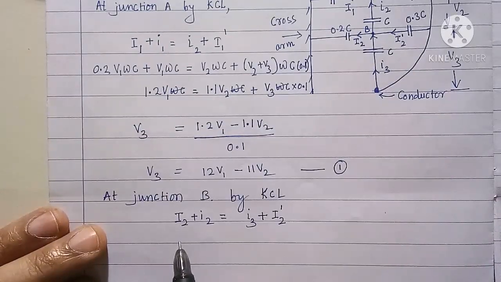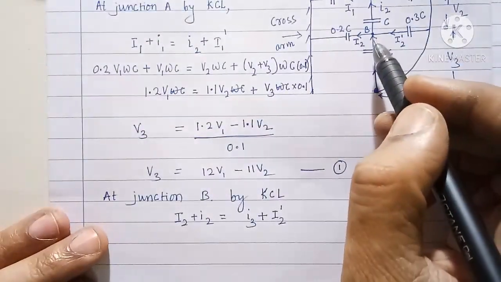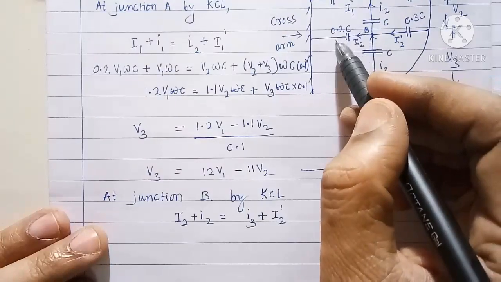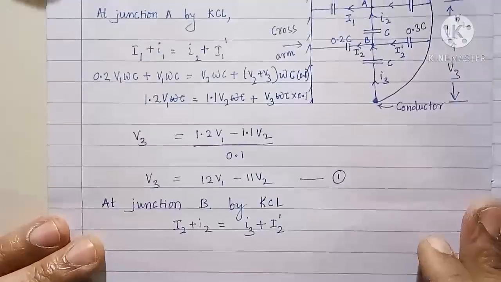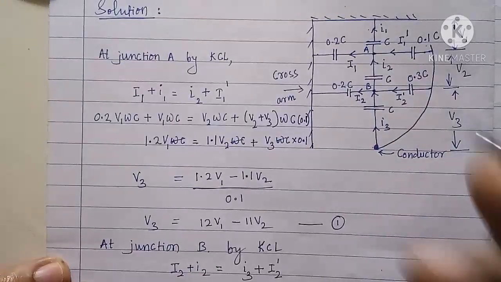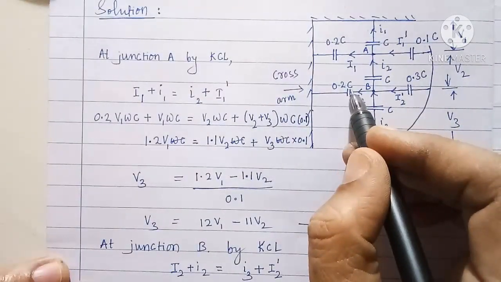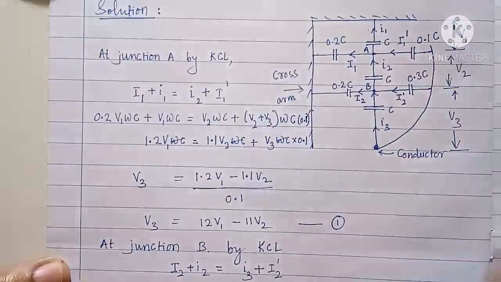Capital I2 is current through 0.2 C. Voltage across 0.2 C is V1 plus V2.